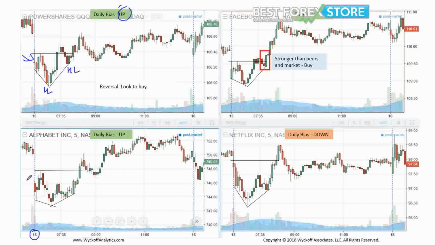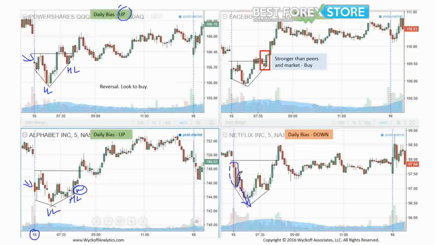Google gaps down as well, kind of the same structure, slightly weaker at this point on the higher low. Netflix, the gap is much stronger, but there is definitely a continuation of this movement which we don't like.